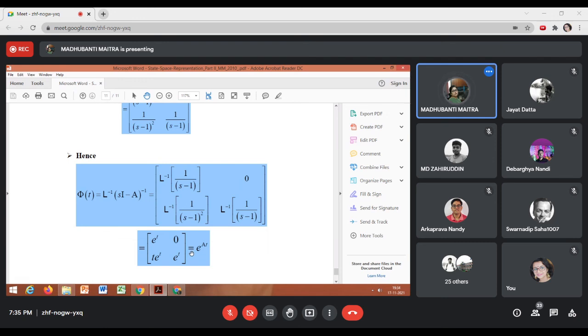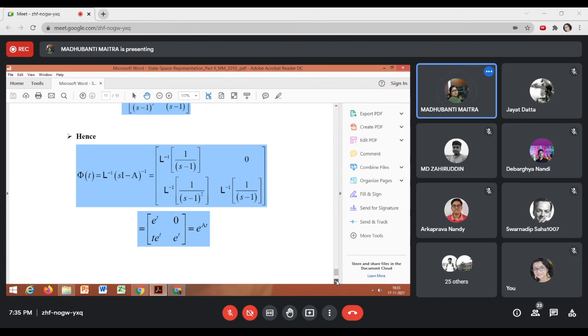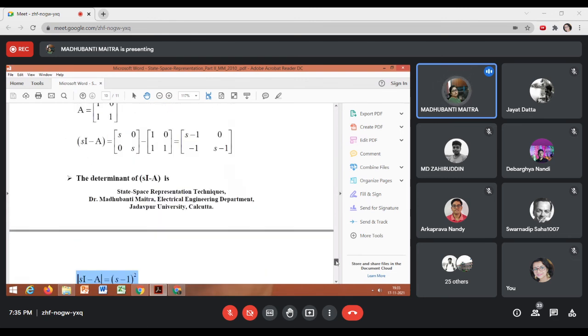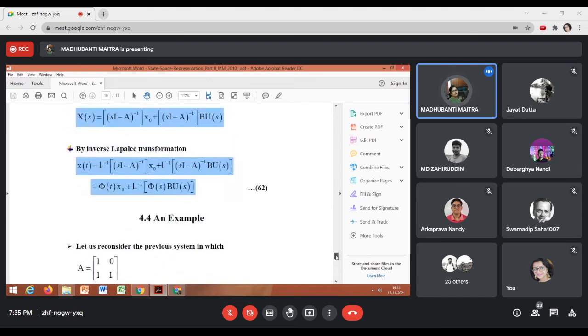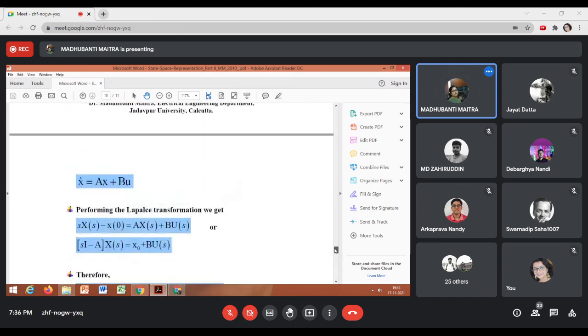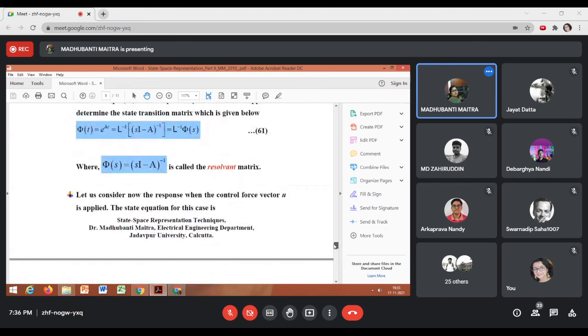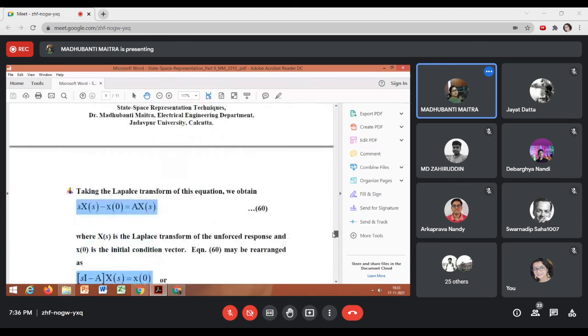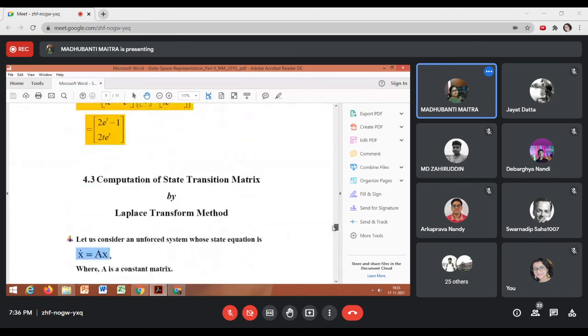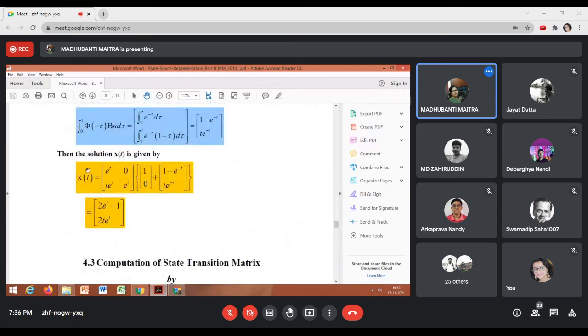So this is our state transition matrix phi t: e to the power t, 0, t e to the power t, e to the power t. Clear? Now once we can find the state transition matrix, we can very easily find the response of the system, simply in this particular manner, right?